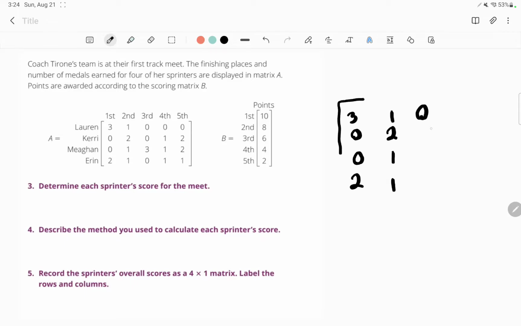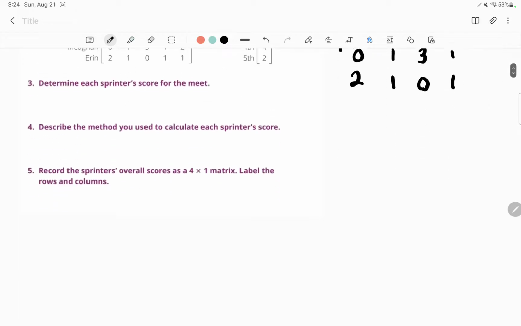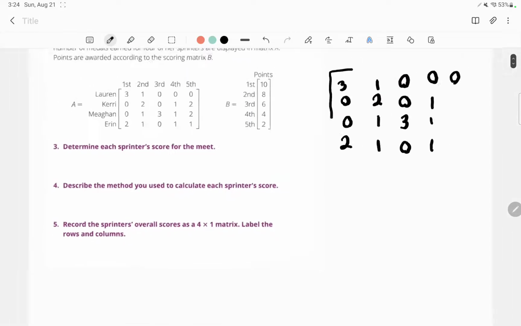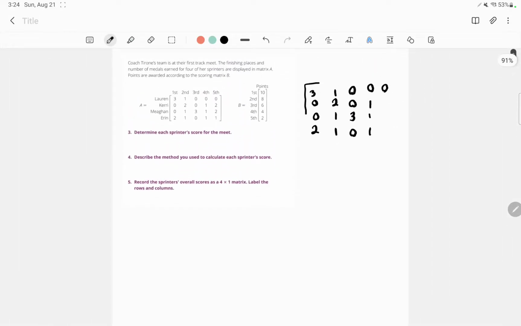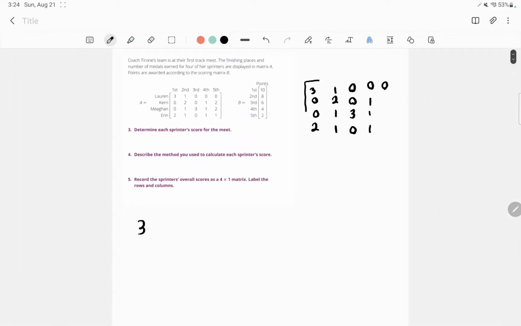Then we have 0, 0, 3, 0. Then we have 0, 1, 1, 1. Then we have 0. Oh my god, I should have done this somewhere else. Okay. Gotta do it down here. But still make sure you just write all of your numbers.